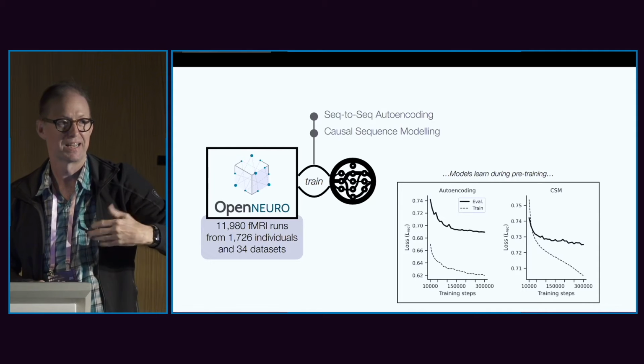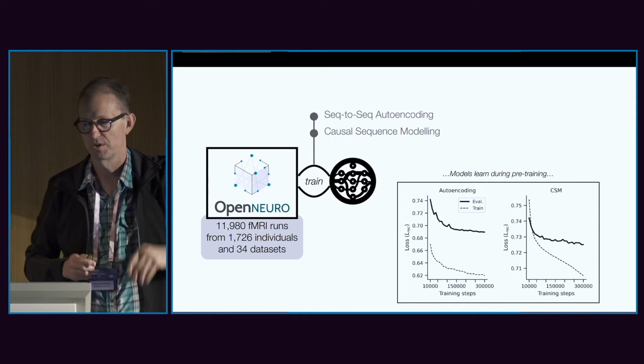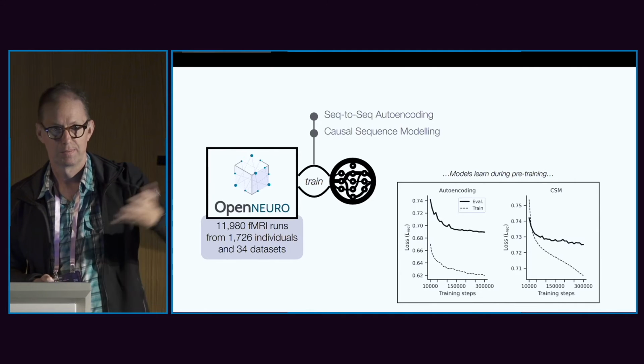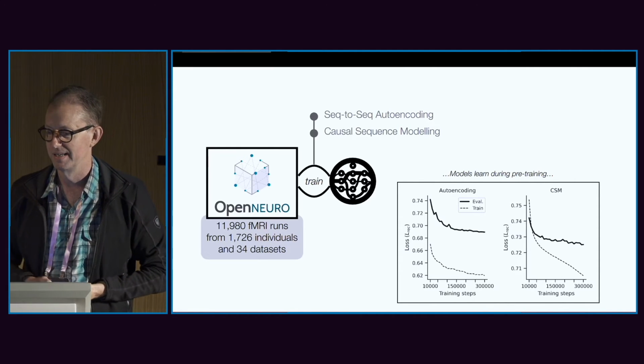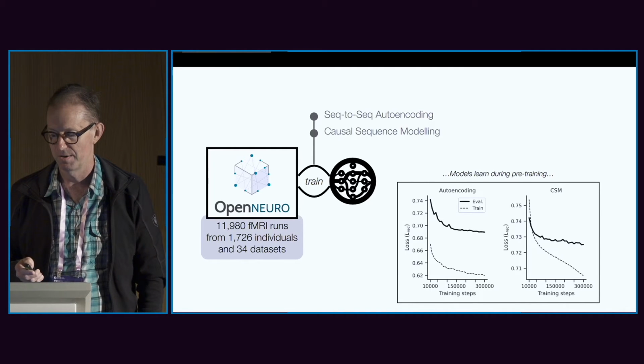We take its answer, but then we actually give the correct answer for the next time step. So the losses aren't really comparable. You can see for the causal sequence model, it overfits later in training such that the in-sample fit is much better than the out-of-sample fit, but it is learning, getting better.